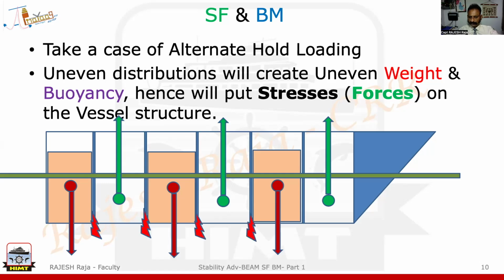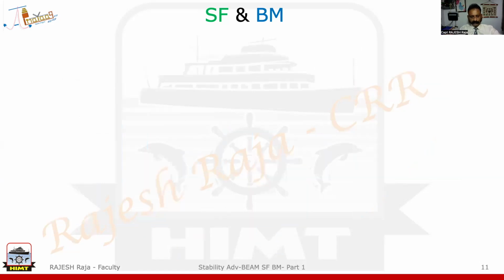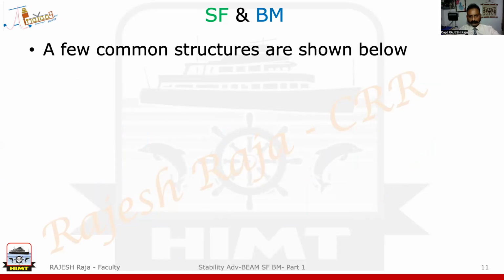I have marked with these red color spots where you will have a lot of stresses. Now these stresses, please remember, can damage also, or in a long term can create deformation of the vessel. Okay. So that is the reason I need to know these stresses. So when I want to know these stresses, it is depicted in two ways, and that is what is SF and BM, which we are going to look at.